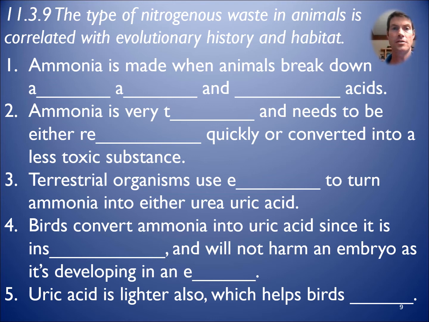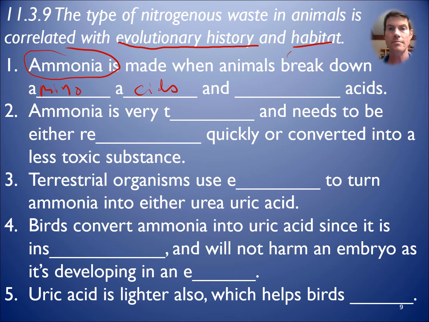So nitrogenous waste, let's get on to that. Ammonia. And this is a lot based on evolutionary history and where an organism lives. But we make ammonia, and you've all smelled that before, when your body breaks down amino acids and nucleic acids. You get this ammonia left over, and it's not good for your body, it's toxic.